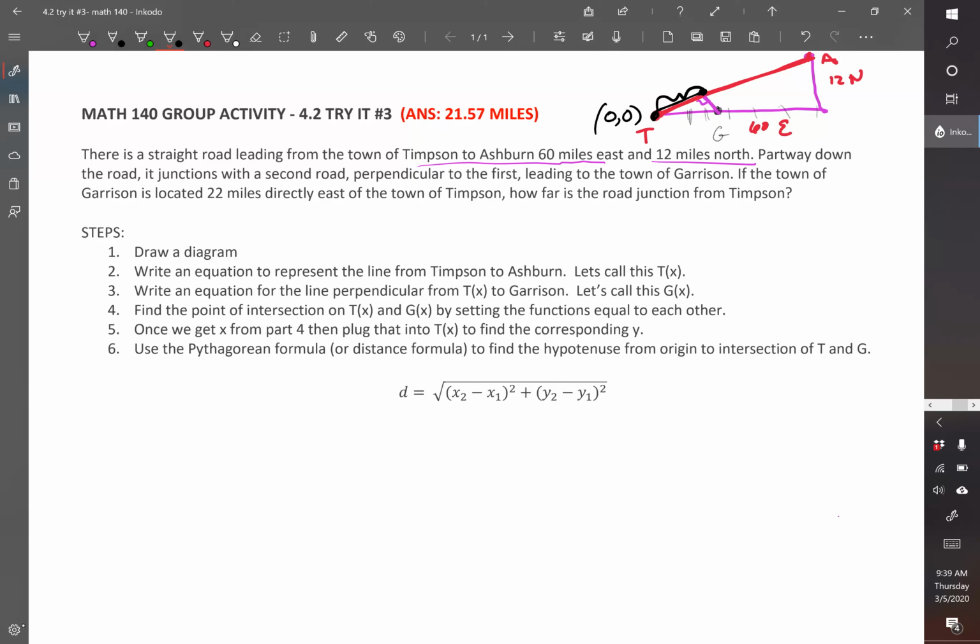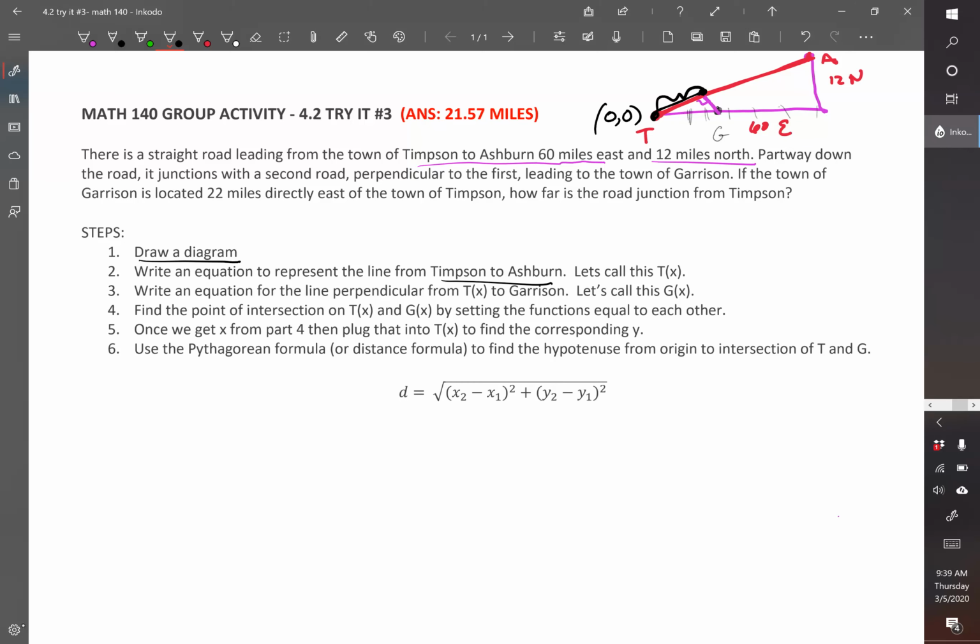But meanwhile, I want you to try drawing a diagram of your own, a little bit more elaborate, having your coordinate system and your scale and things like that. So it looks a little more elaborate than what I have there, but not too fancy. And then you're going to try to write an equation to represent the line of Timpson to Ashburn.